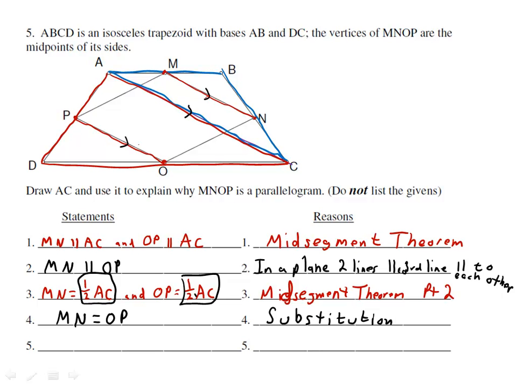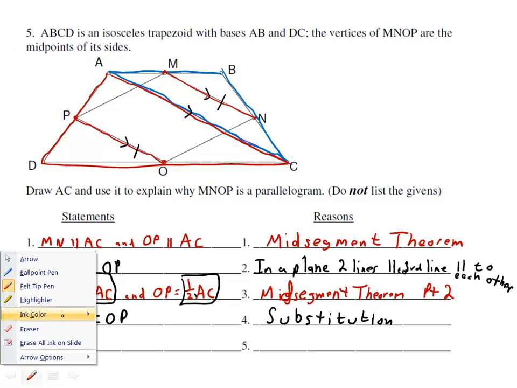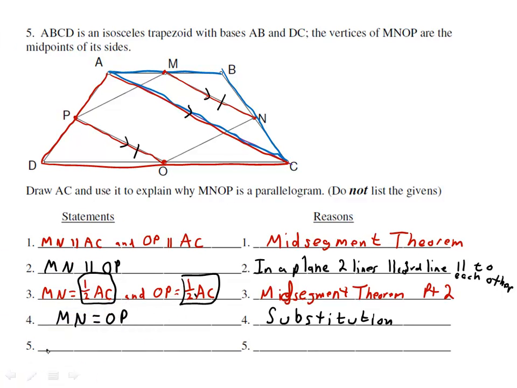Alright, now we've got our two sides, a pair of opposite sides, that are parallel to each other and equal to each other. That's one of our 5 sufficient conditions for a parallelogram. So now we can say MNOP is a parallelogram.